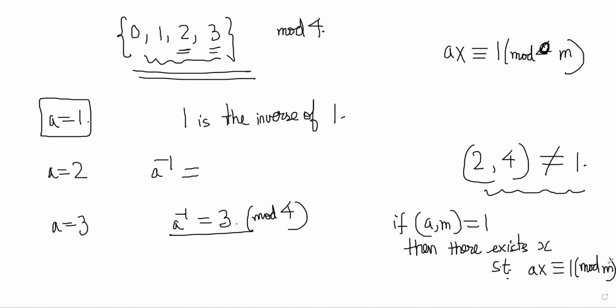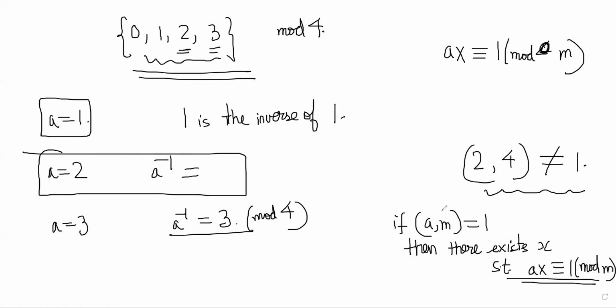So notice that our situation is failing for 2 because the GCD of 2 and 4 is 2. So in that case, it's not necessary that you will have an inverse. But GCD of 1 and 4 is 1. GCD of 3 and 4 is 1. So in these cases, A inverse is 1, and here A inverse is 3 and so on. So hopefully you have understood what this inverse idea is.